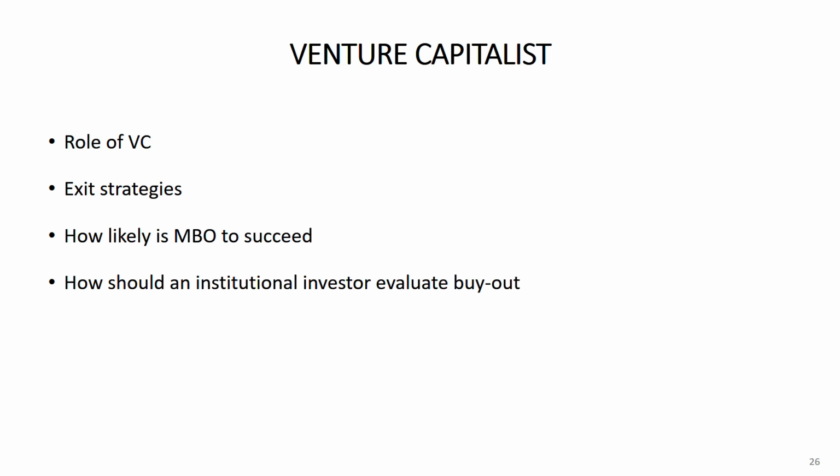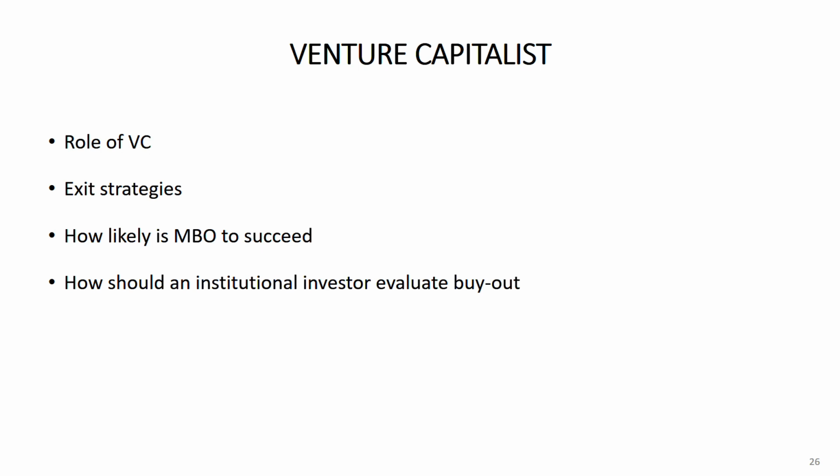What is the price? Is the price too high? Is it too low? What are the exit routes? How are they going to exit if they have to? And what are the financial contributions the management team can make? All these questions need to be answered first. Then they need to be satisfied and convinced. Only then will venture capitalists or an institutional investor come and start financing the management team.